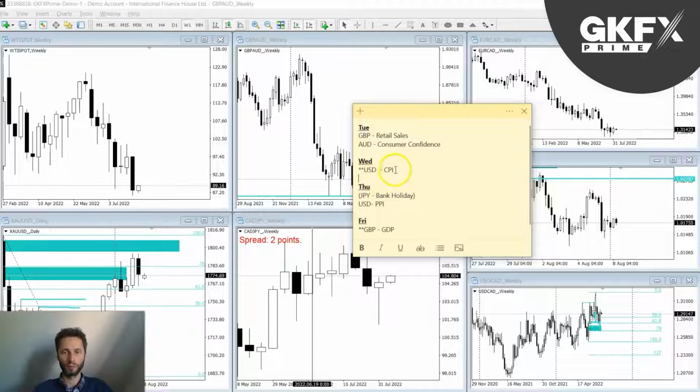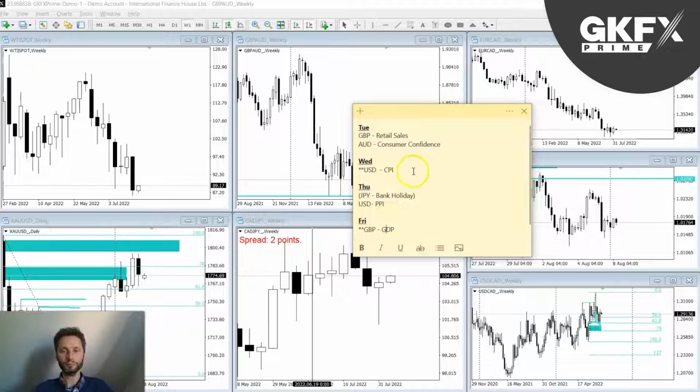On the dollar from America, we've got CPI numbers. On Thursday, there's a holiday on the yen, which you may need to be aware of, maybe a bit slower on yen pairs. We've got PPI numbers on the dollar, but again, less important in the big scheme of things. And on Friday is the other major one to pay attention to, which is the pound from the UK, where we have the GDP figure.